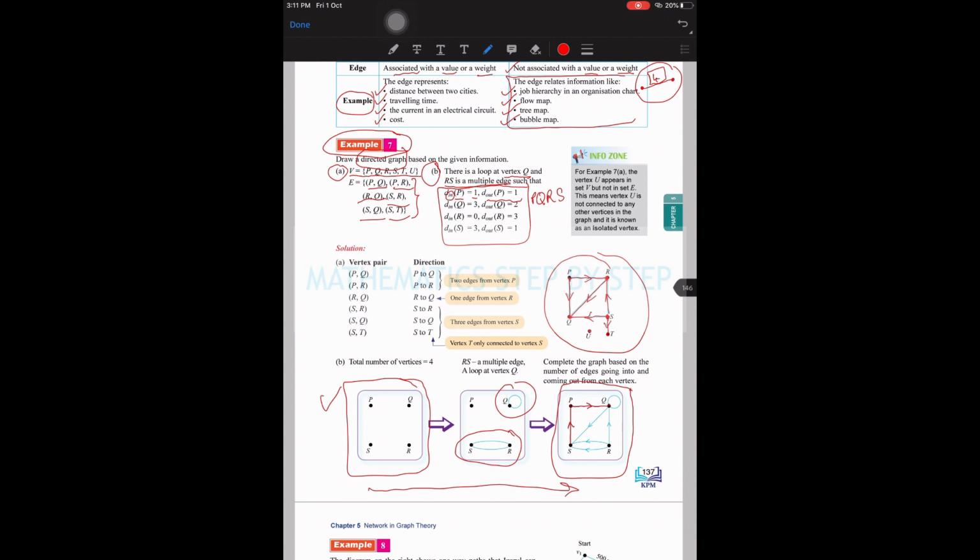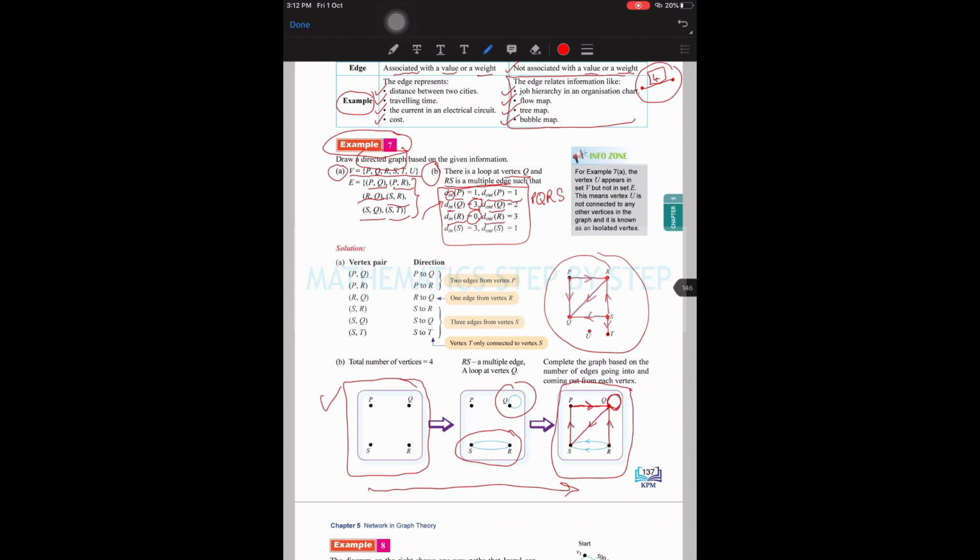Now let's look at vertex Q. There are 3 edges going in. This is the first one, this is the second one, then this loop is counted as another one. Then coming out from vertex Q is 2. This is the first one, then this loop is the second one. Then going in at vertex R equals 0.